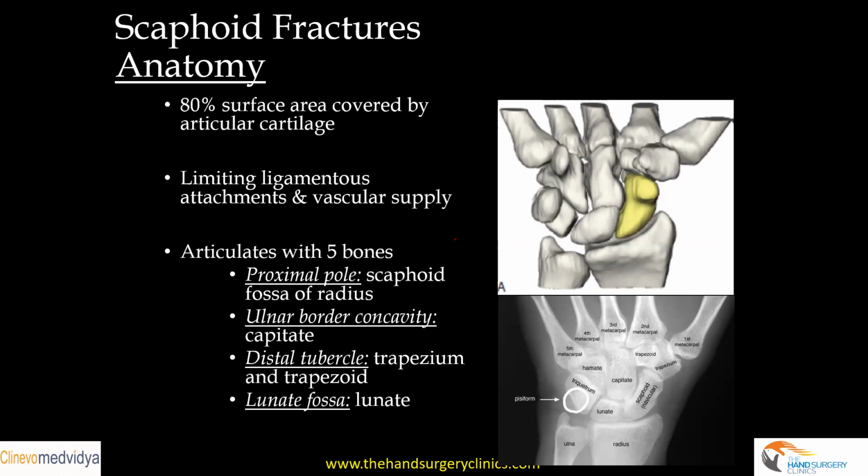We should also appreciate that the scaphoid articulates with 5 bones: the proximal pole with the scaphoid fossa of the radius, the ulnar border of the concavity of the scaphoid articulates with the capitate, as you can see here. You have the distal tubercle, which articulates with the trapezium and the trapezoid, and then you also have the scapholunate articulation here.